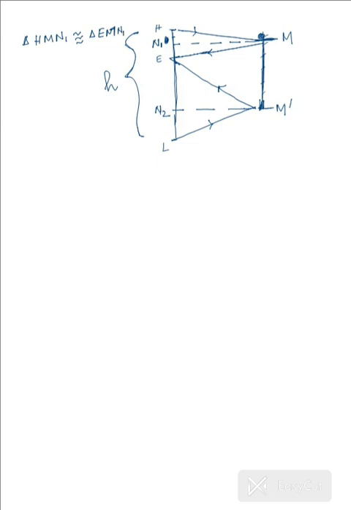They will be equal because they are traveling almost the same distance from the head to the eye. Then again you have those angles to be the same. This top angle is equal to this angle because the angle of incidence is equal to the angle of reflection. You have these two angles to be 90 degrees, so they are equal as well. So side angle side, you have a common side N1M. All of that adds to the proof of congruency.